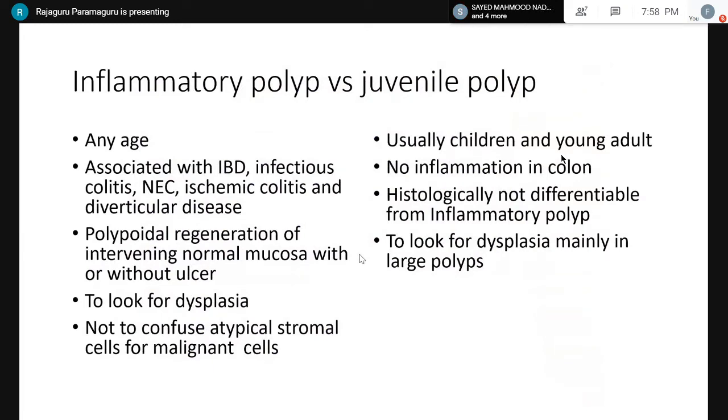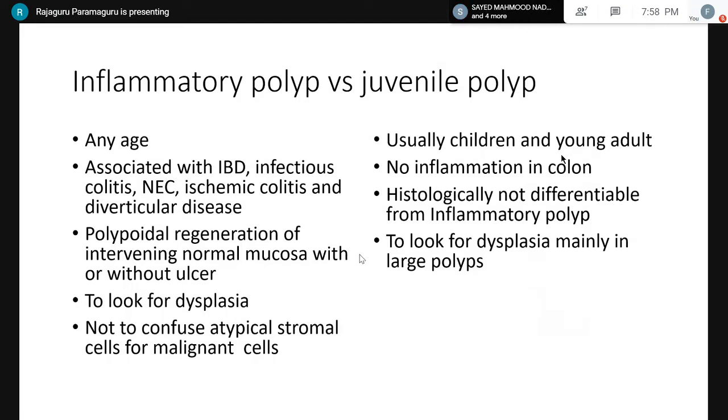The main thing, as we spoke earlier, is that inflammatory polyps are difficult to differentiate from juvenile polyps, and the difference is that an inflammatory polyp can occur at any age and can be associated with IBD, infectious colitis, necrotizing enterocolitis, ischemic colitis, and diverticular disease associated colitis.